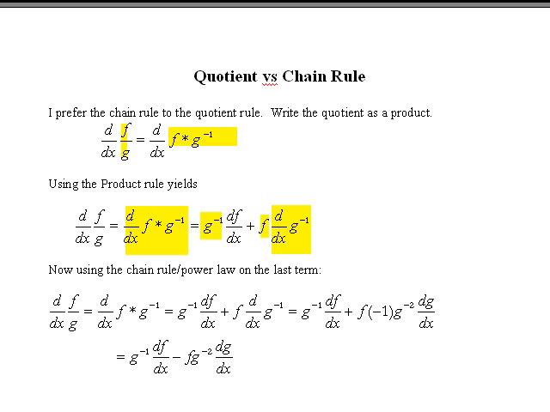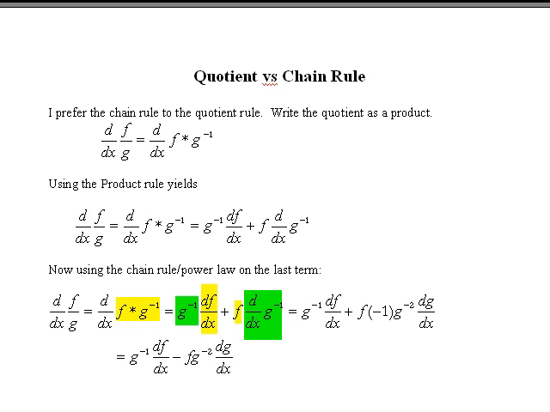So here we go. I'm taking the derivative of f over g, which I'm going to write as f times g inverse. To apply the product rule, I hold one of these terms constant. I'll hold the second one constant and take the derivative of the first. Then I hold the first constant and take the derivative of the second.